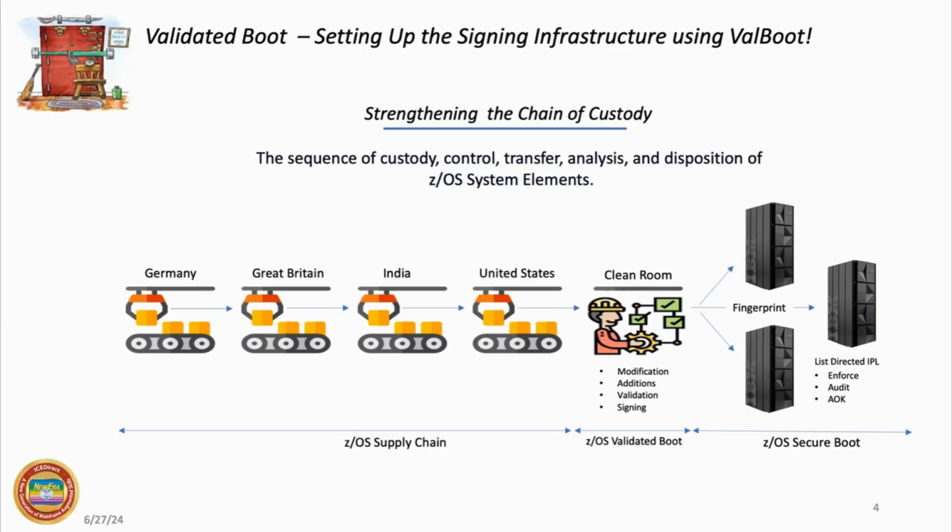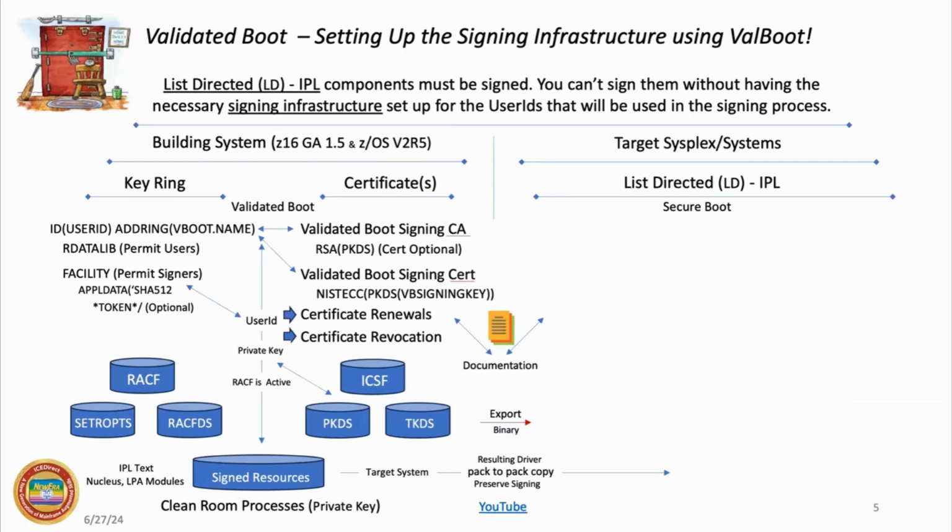So let's go a step deeper now. If we were to set up a clean room, what you see on the left side of this screen are the elements that would be necessary in order to build that infrastructure. At the highest level, you can think of it as, okay, well, it's a key ring and it's some certificates. Well, you got to get down in the details of that because that key ring is going to be permitted by two special RACF profiles, one in the facilities class, one in your data log class.